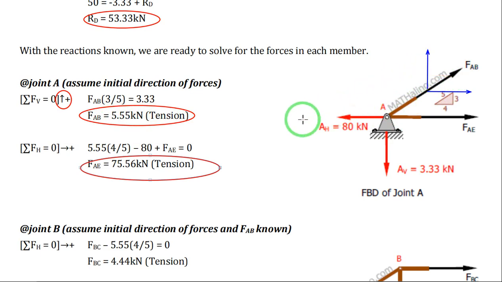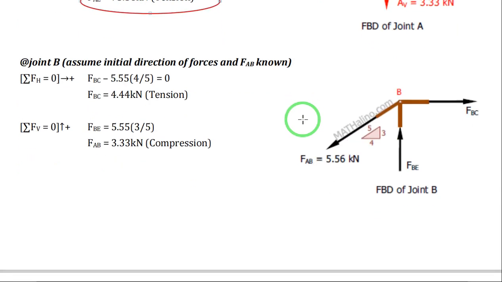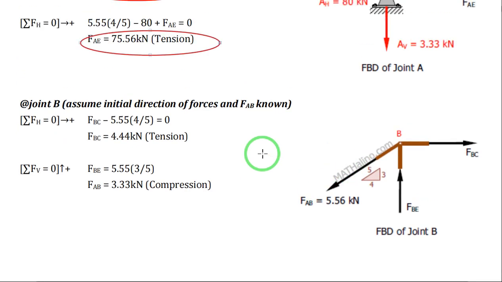Okay, so we'll try to solve for another force. So we have here joint B. It is known that the value of FAB is 5.56 kilonewton. So that is tension, away from joint B. So your unknowns will be FBC and FBE.